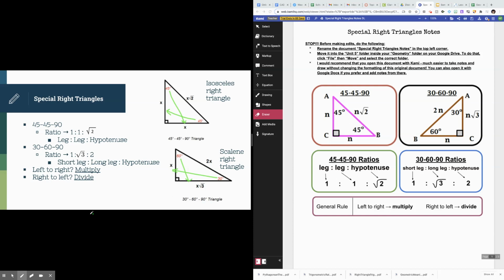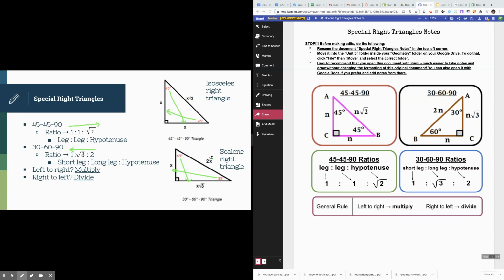So a good general rule to remember is that if you're reading left to right across the ratio, then what you're going to end up doing is multiplying, just in general. And if you're reading from right to left, meaning you're going from, say, the hypotenuse to the short leg, you would divide.